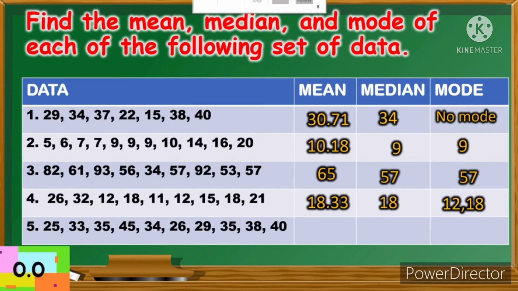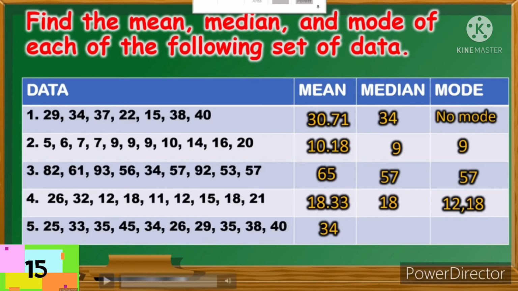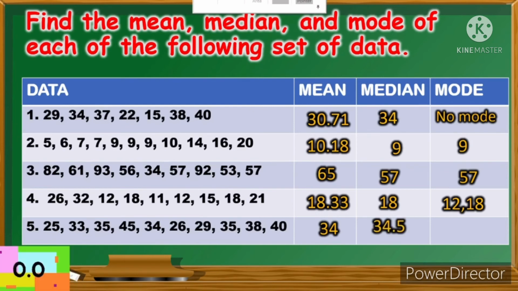Your answer is 34. Magnificent! You are correct. For the median, you have 15 seconds to find the median. Your time starts now. The answer is 34.5.